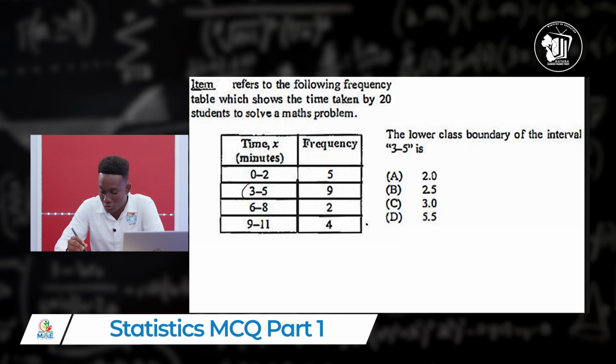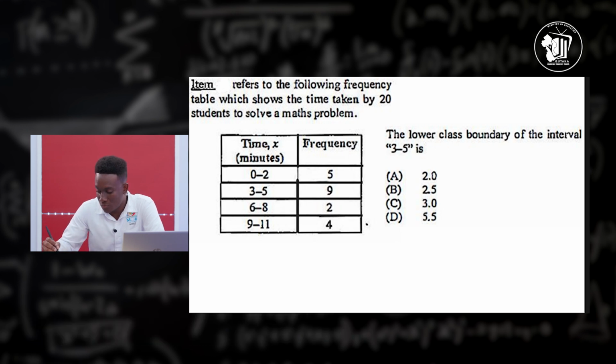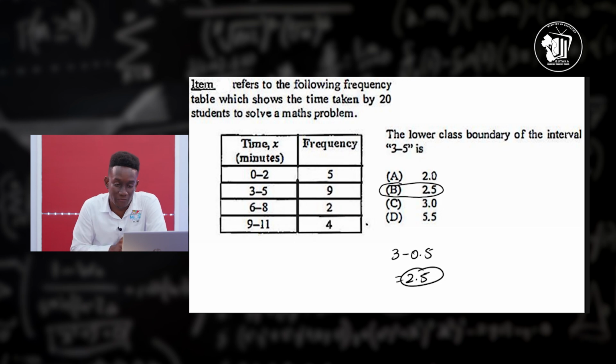All we need to do is subtract 0.5 from the 3, and we'll have 2.5. So 2.5 will be the lower class boundary. And had the question asked for the lower class limit, the answer would be the 3. But since you're talking about the boundary, we must subtract 0.5 from it.